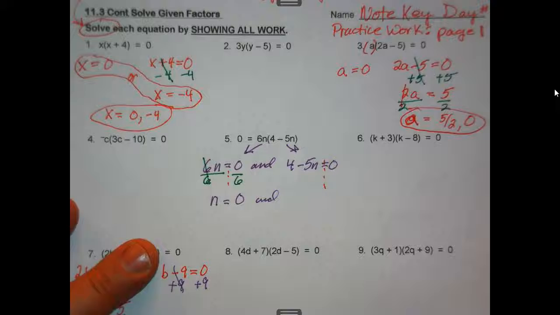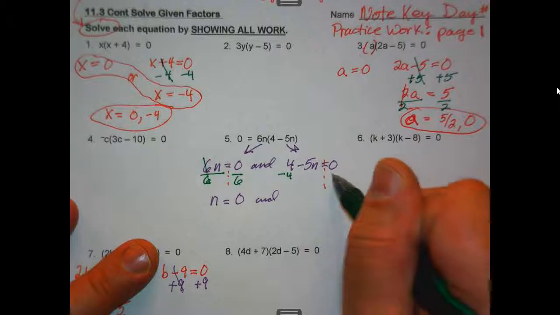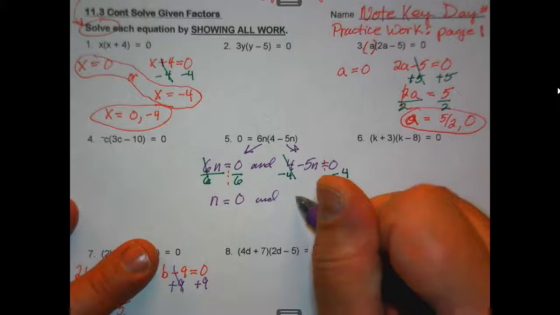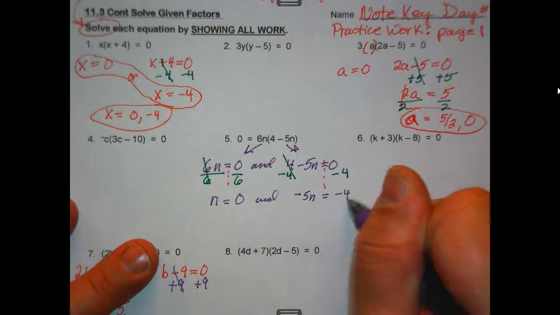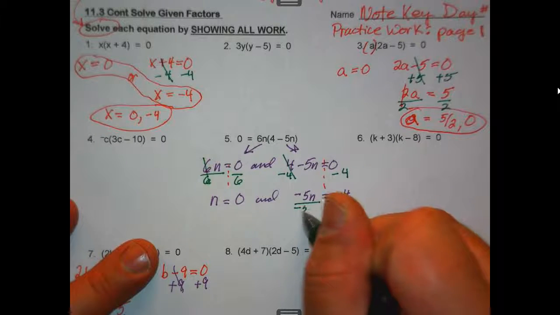And the second one, I'm going to subtract 4 from both sides. So I get negative 5n equals negative 4. Then I'm going to divide by the coefficient, negative 5.